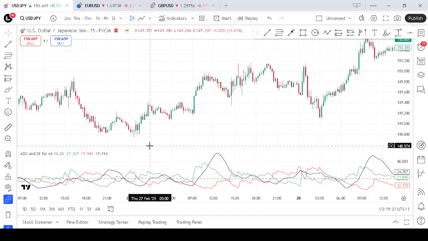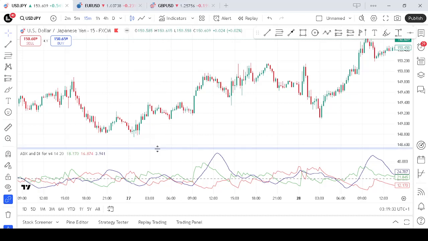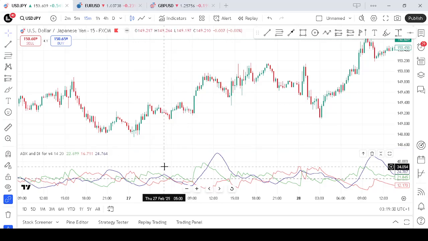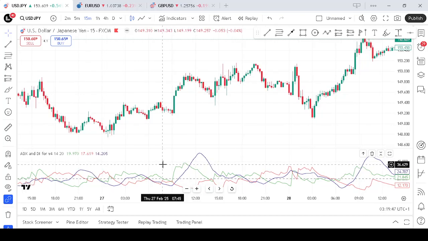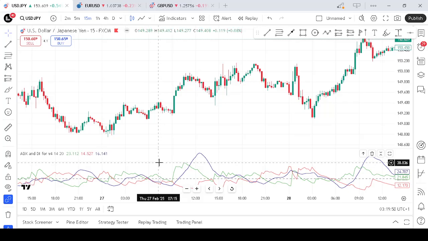It's a technical indicator that measures the strength of the trend, whether the market is moving up or down. It does not indicate the direction of the trend, but it helps you to understand how strong the trend is. The ADX is typically used with two directional lines.